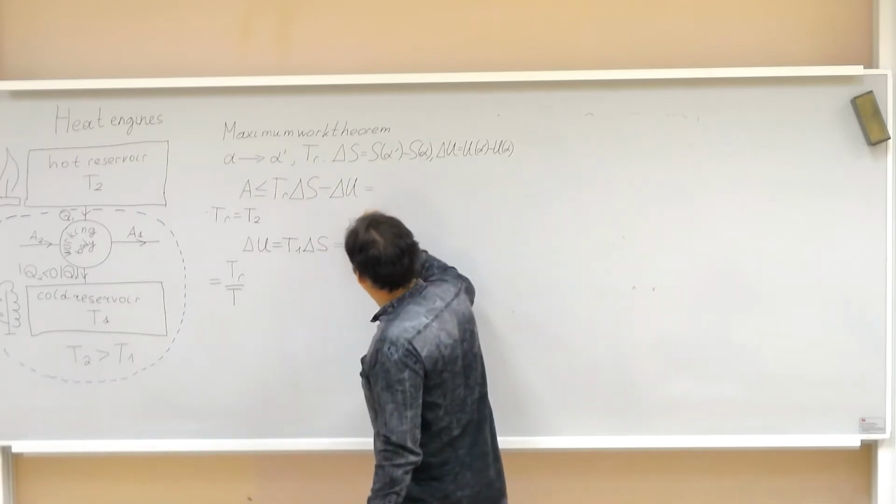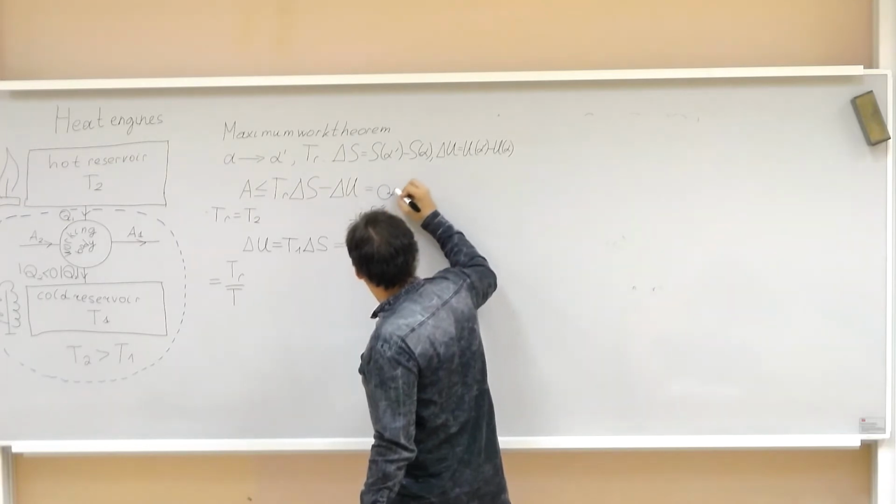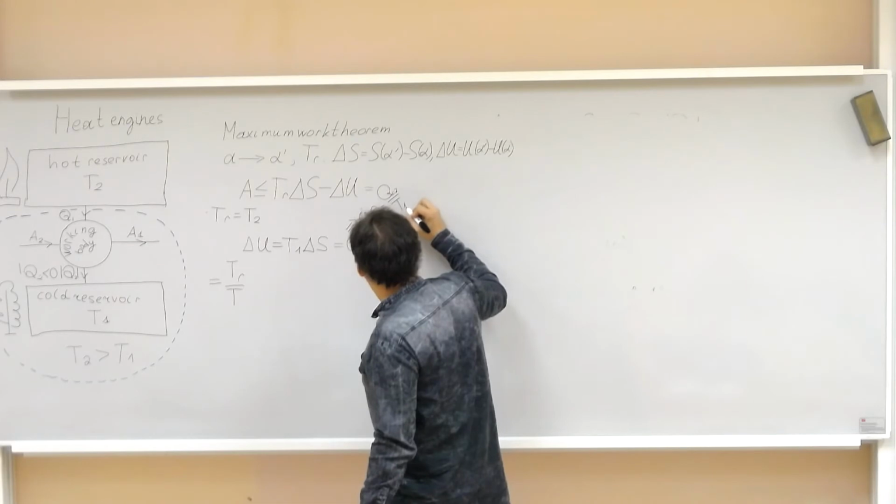From here we see that delta S2 is Q2 divided by T1.